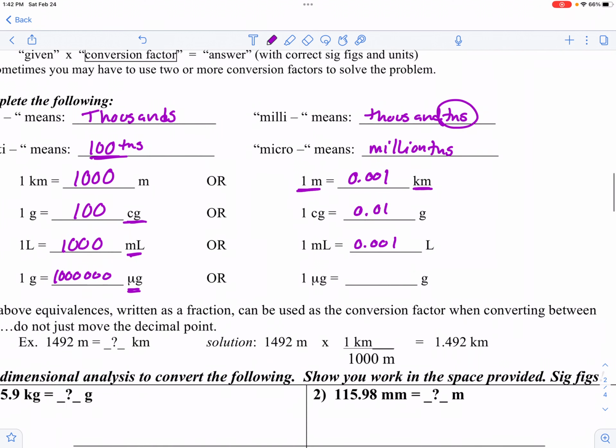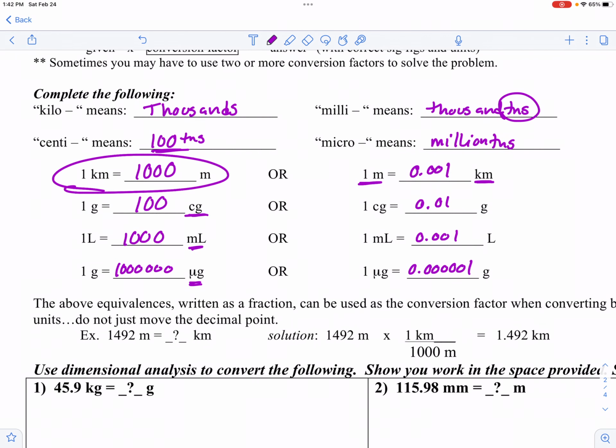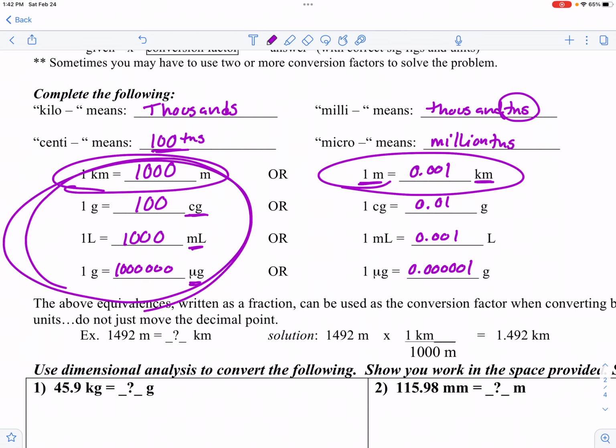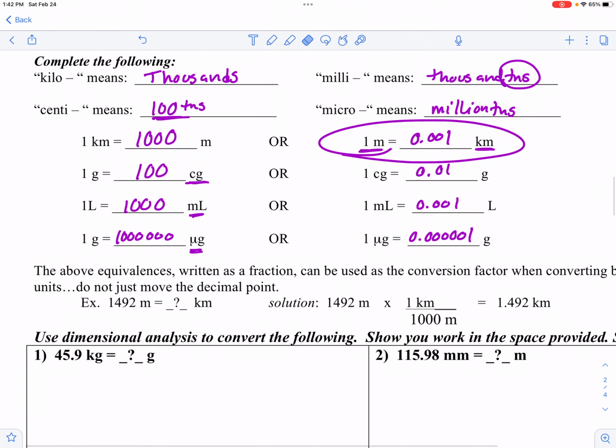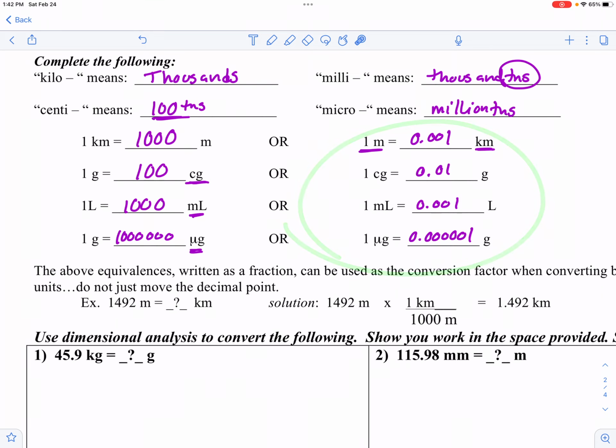And a microgram is super small, so it is 1,000,000ths of a gram. So this is saying the same thing as this. They're just saying it in slightly different ways, and you can use whichever one you like. Just know that when I show my work, I always use these whole number integers because that's just my personal preference. But you're not wrong if you use these other ones because that's just the way that you like to remember them. That's fine.